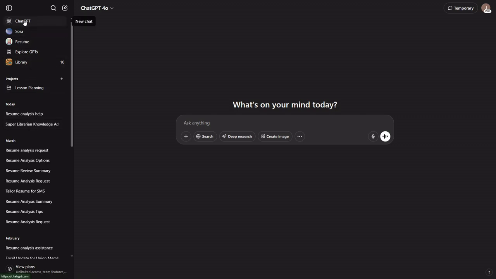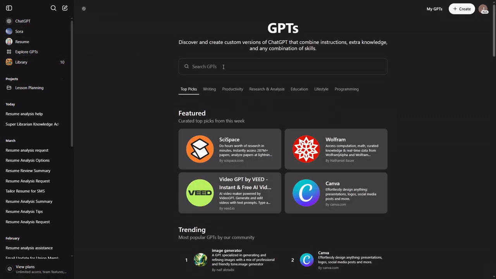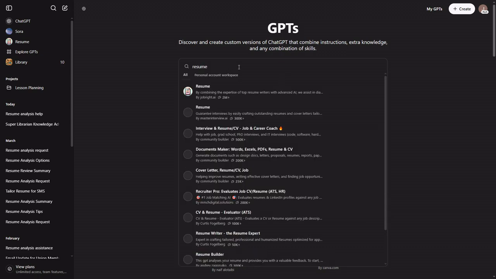We are going to hit Explore GPTs for searching here, and if we search for resume, generally the first thing that comes up is going to be the module made by JobRite.ai.